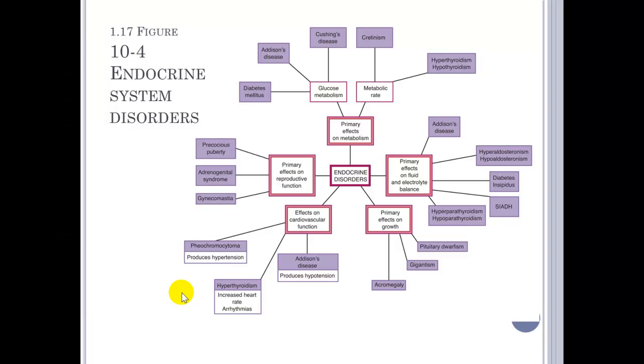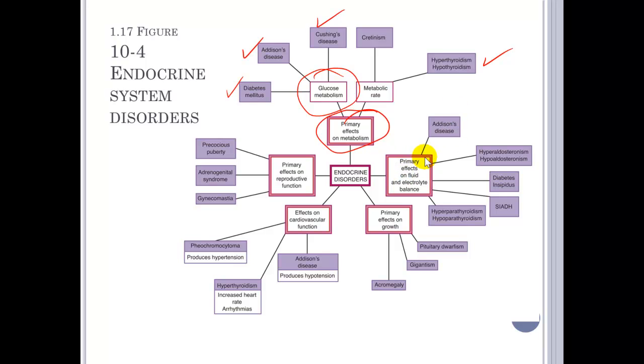All right, endocrine disorders, there are a bunch of them. We're going to talk about some of these, diabetes being one of them, Addison's, Cushing's, hyper and hypothyroidism. These things do a lot. Addison's, diabetes, Cushing's disease can jack up glucose metabolism, which has a primary effect on metabolism.